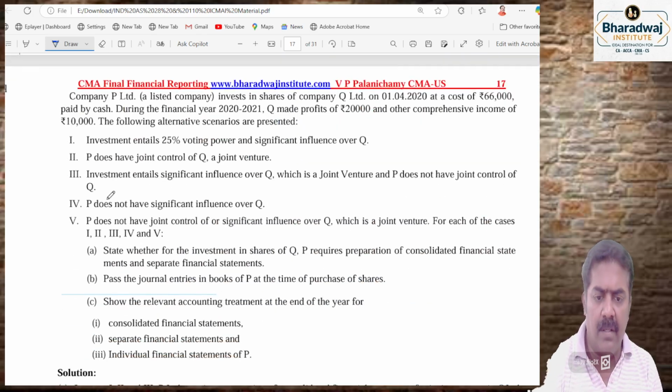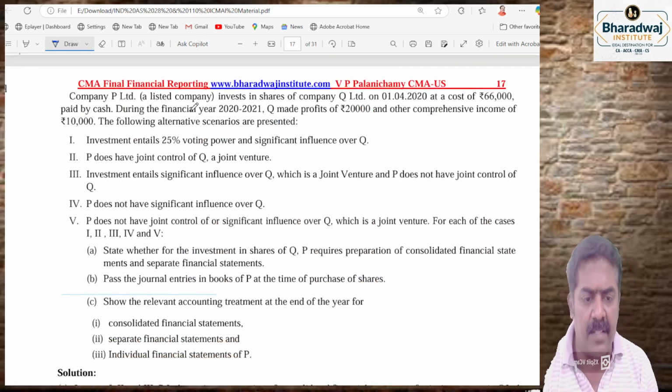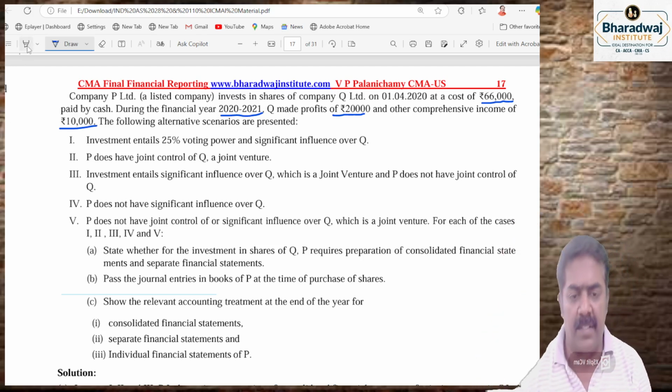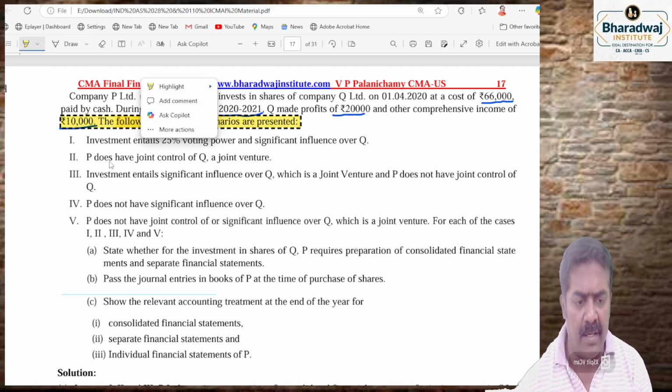Next question. Company P Limited is a listed company. Invests in Q Limited at a cost of 66,000 by paying cash. During 2021, they made a profit of 20,000 and OCI 10,000. The following alternative scenarios are presented. Please remember, these are all alternative scenarios.